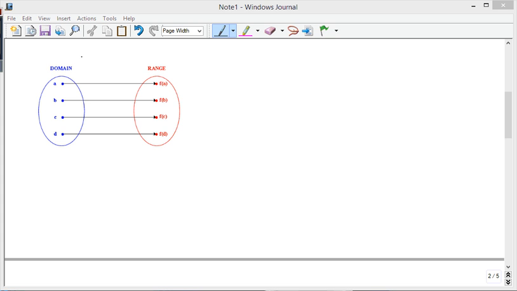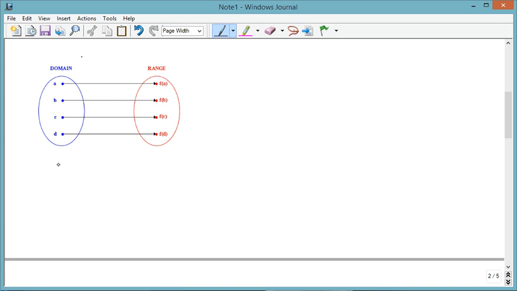So here's another way of looking at this. Here we have the set, that's the domain. This is the set that we start with, right? Each of these items in the domain, which is A, B, C, and D, is matched up with one item in the range. Now, if you notice here, A is matched up to f(A). That's just the notation that we use.